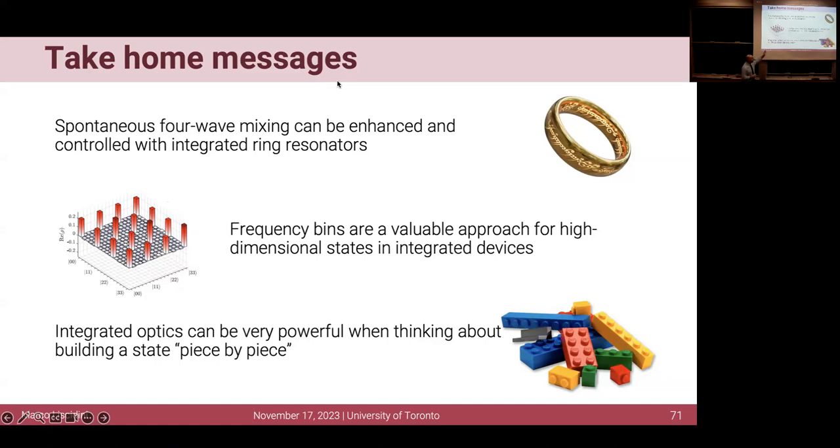Also, I didn't mention that, but if you consider the coherence length of the light I'm generating, this is way larger than the entire chip. So there's no problem of coherence in an integrated chip. These photons are centimeters long, while the chip is a few millimeters. Okay, so coherence is the last of your problems. Once the photon exits from the chip, that's another issue. But inside the chip, the coherence is guaranteed.